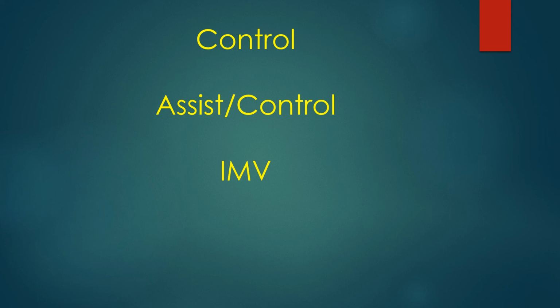Somebody came along, an engineer, that figured out a way to make the ventilator be able to sense when the patient was trying to take a breath. And we call that sensitivity. Originally, the sensitivity was set as an amount of pressure, a small amount, 1 or 2 centimeters of water pressure.